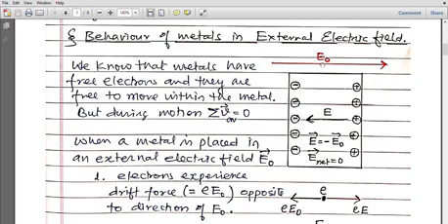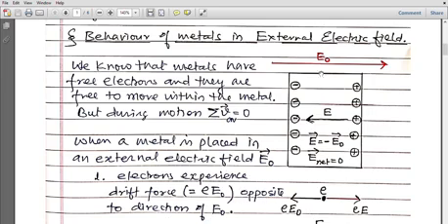It means if this is the direction of the electric field, electrons will experience a force opposite to the electric field. So when a metal is placed in an external electric field E0, electrons experience a drift force. Magnitude is E0, and the direction is opposite to the direction of E0.